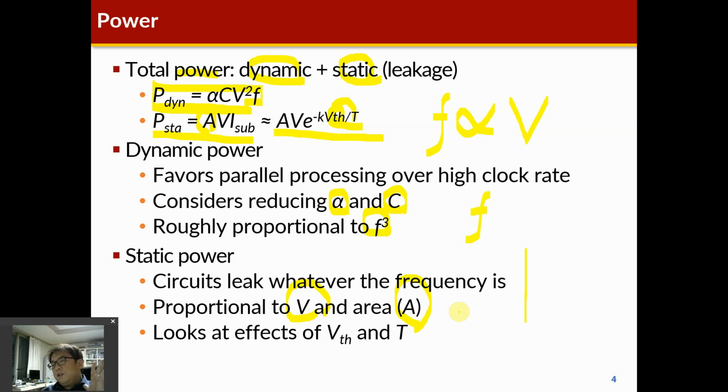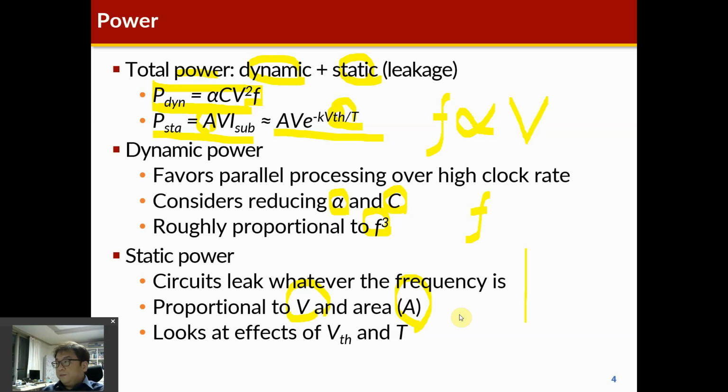You can think the threshold voltage is some barrier of the electron path. If the barrier is high, then it is difficult for electrons to flow from VDD to the ground. If the threshold voltage is low, that means the barrier is low.